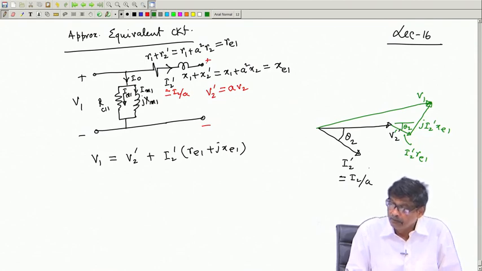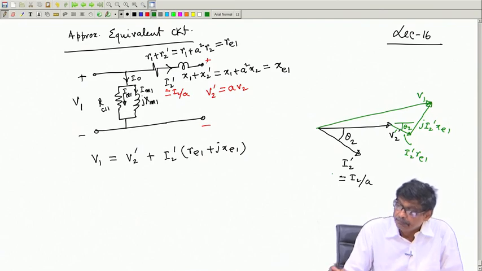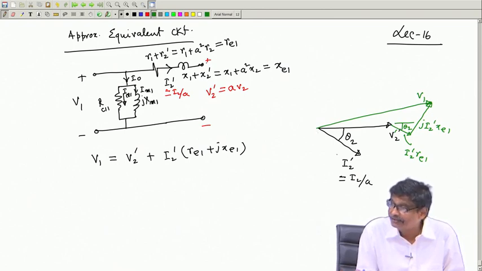Now, where is your I 1? If this is V 1, you see this I 0 will be lagging this V 1 by whatever that current is.